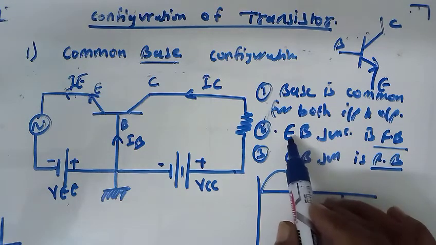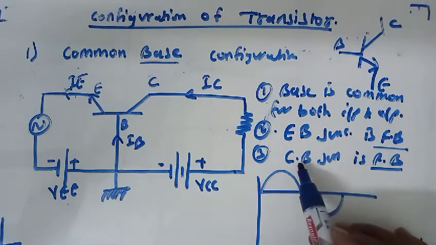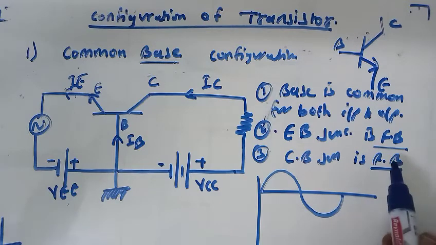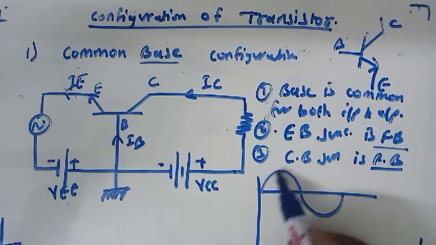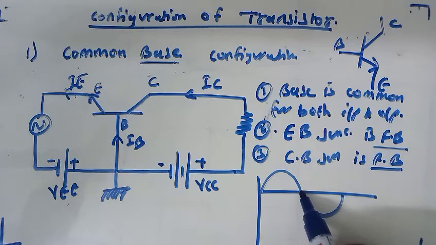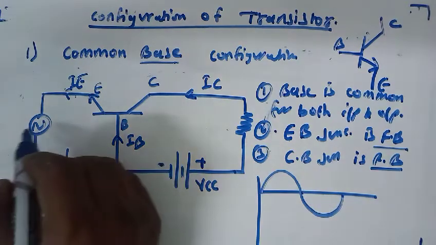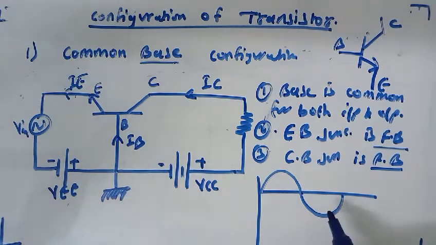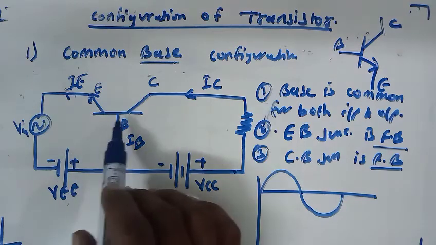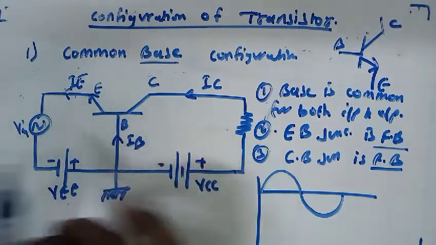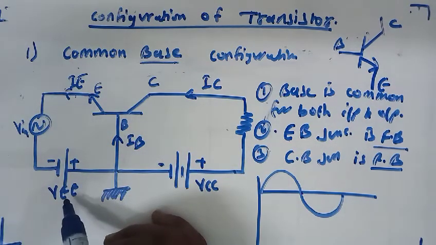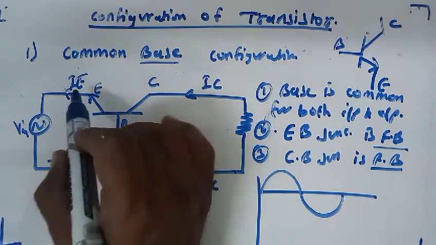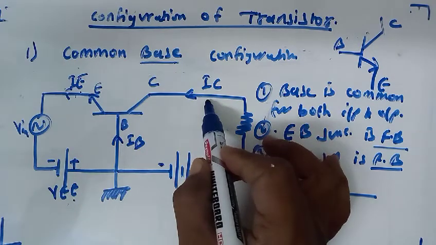When we know that the emitter base junction is forward bias and the collector base junction is reverse bias, at that particular instant during the positive half cycle, the input voltage, that is V in, the applied voltage, the forward bias voltage VBE will decrease. This base to emitter voltage, or you may say it is VBB, will decrease, therefore there is a decrease in the IE and the IC.